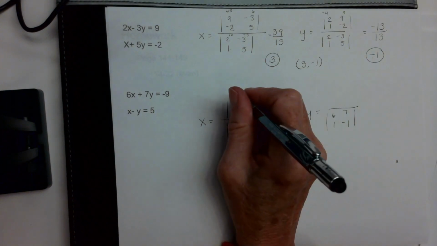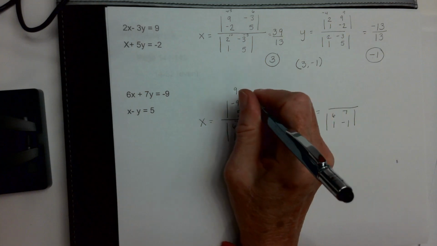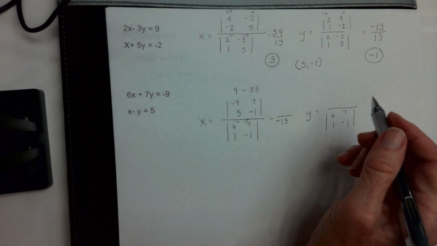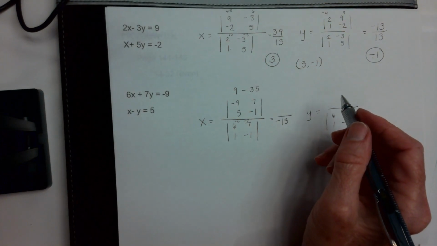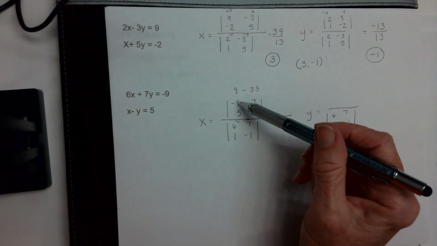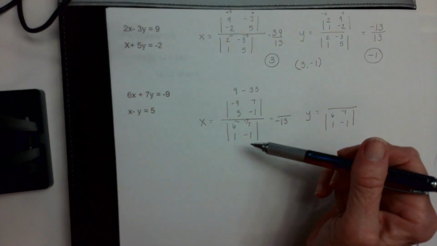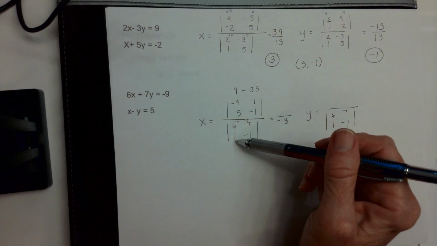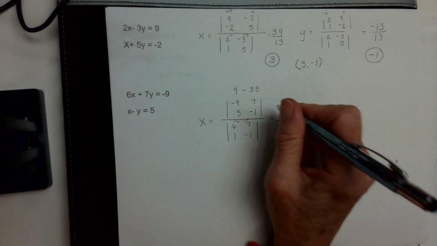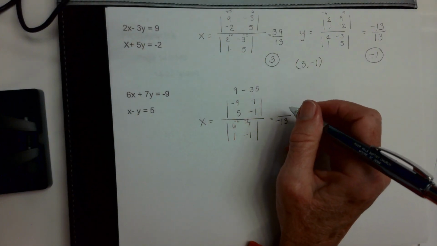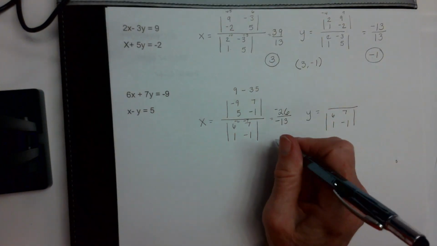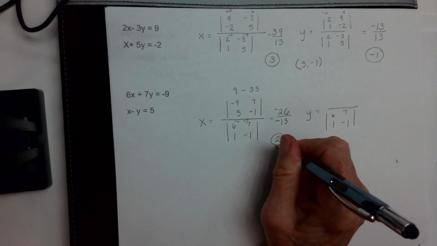On the top, I'm going to have a 9, and I'm going to have a 35, so I have 9 minus 35, which is going to give me a 24. I believe that's right, if I've done that right. 9, 5, 7, negative 1. Okay, so that's going to give me, actually it's going to give me a negative 26. Okay, so that's going to give me a value of a positive 2.